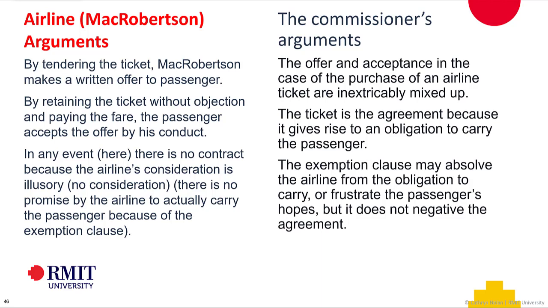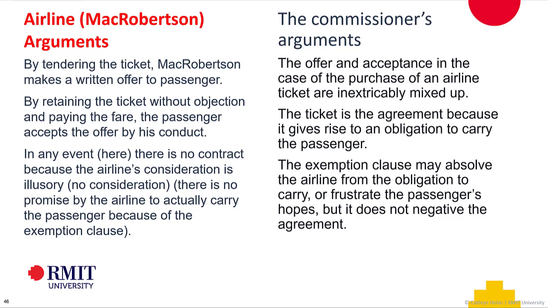The Commissioner, on the other hand, said that the offer and acceptance in the case of a purchase of an airline ticket are absolutely mixed up. That this is one of the cases where we're looking for consensus because there is no clear offer, acceptance and communication.